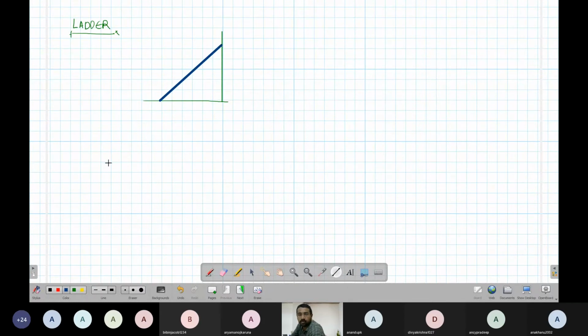How does this ladder stay? There is some weight, let's say some 800 Newton or something. A person is standing somewhere here on the ladder.